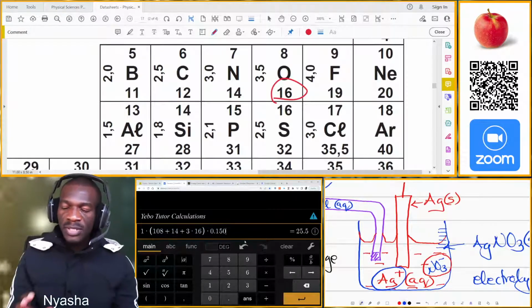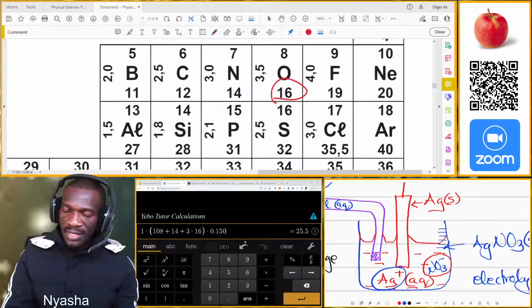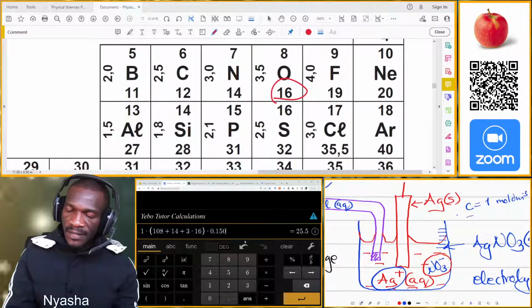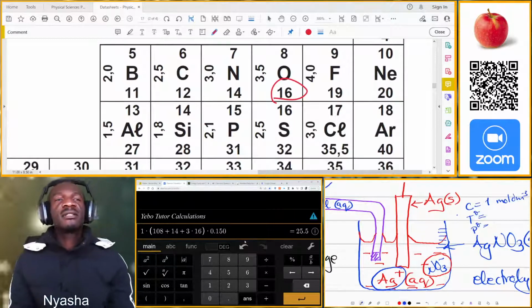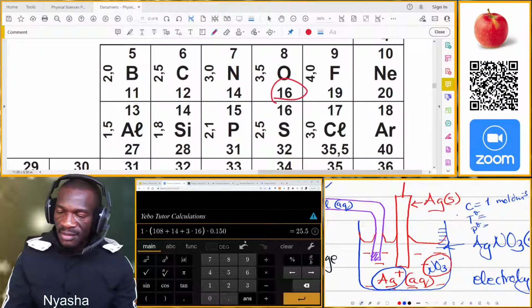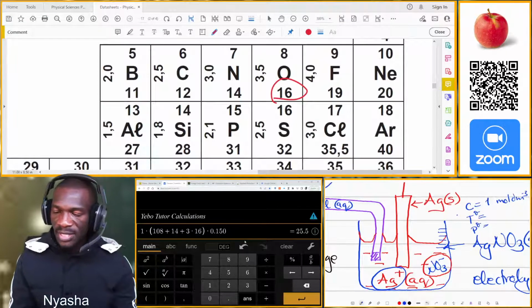So we put everything to standard conditions. The concentration is 1 mole per dm cubed. The standard temperature, I'm sure you already know it, and the standard pressure, I'm sure you already know it. So basically this one is also an important figure.